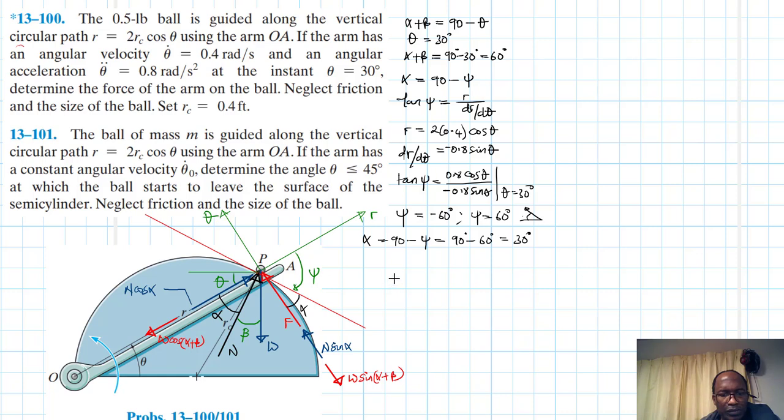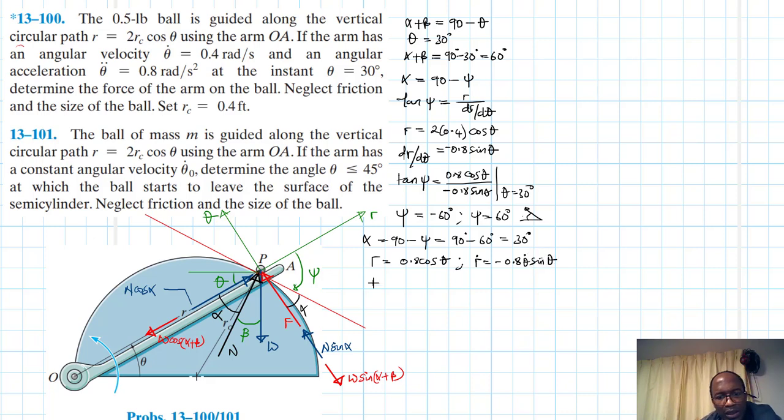And then r again, so that we find the input, this is equal to 0.8 cos theta. Then our r dot will be equal to minus 0.8 theta dot sine theta.